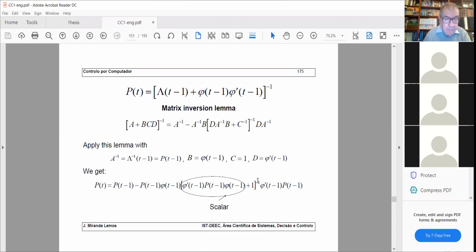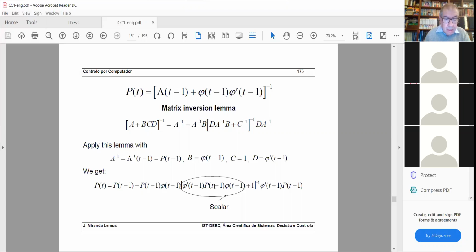So then I invert it. And then I have D, which is phi transposed, A inverse, which is P. Now, I observe that this is a scalar because this is a product of a row vector times a matrix times a column vector. If I do the product of a square matrix times a column vector, I get a column vector.